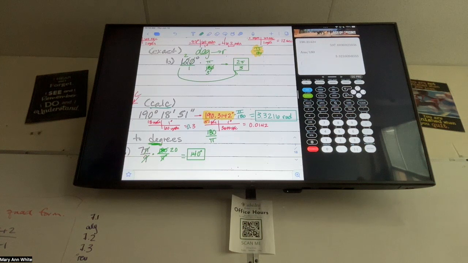No, sorry, where the highlighted yellow answer is. Yep. So you put the 0.3 there, and then you don't put the 0 from 0.01. Oh, no, when I added these two together, so 0.3 plus 0.0142, that 3 fills in the place for the 0. Good question.